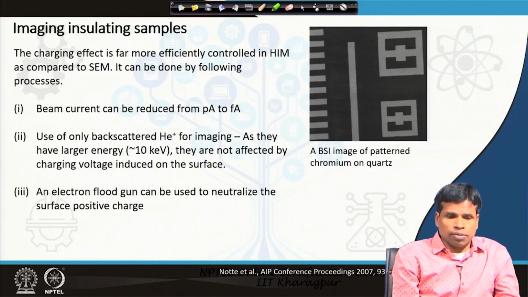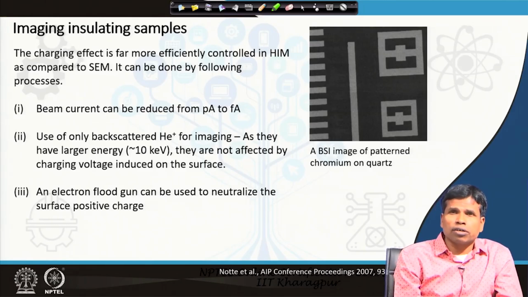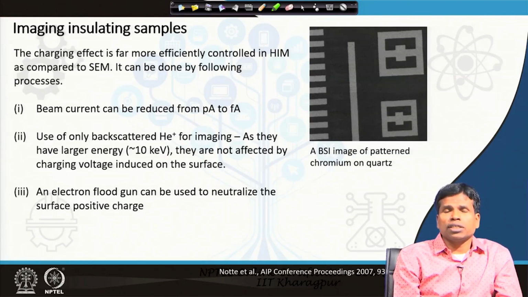Imaging the insulating sample is another important requirement in the microscopic technique, because as we have seen in case of scanning electron microscope, charging occurs when electrons accumulate at the surface. This happens when the sample is insulating in nature, because electrons cannot travel inside the specimen and cannot go to the ground.